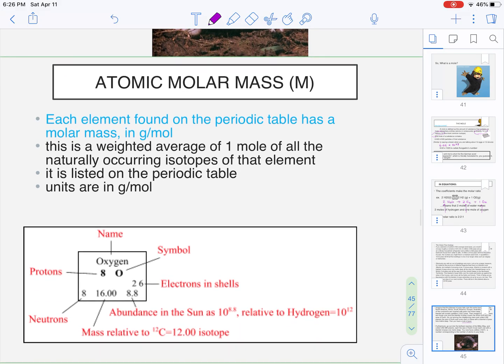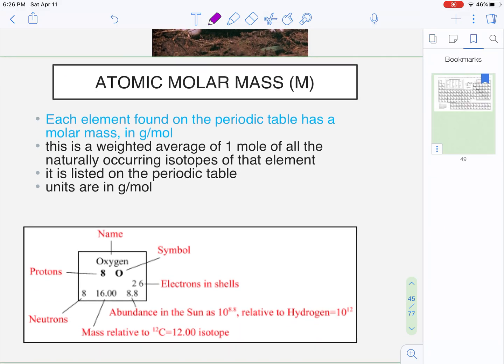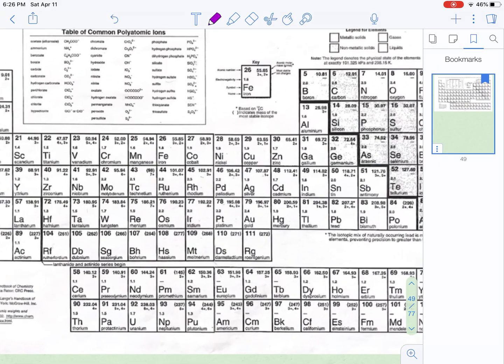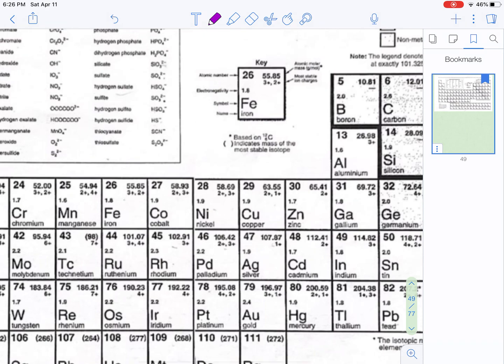And what you can see on the periodic table, if I can just go down to my bookmarked table, is that for any element on the periodic table, there is a molar mass right there on the right side of your periodic table box for each element, and that is the molar mass. That is how many grams you would need to get 1 mole of that element. So it would be 65 and a bit grams to get 1 mole of zinc.